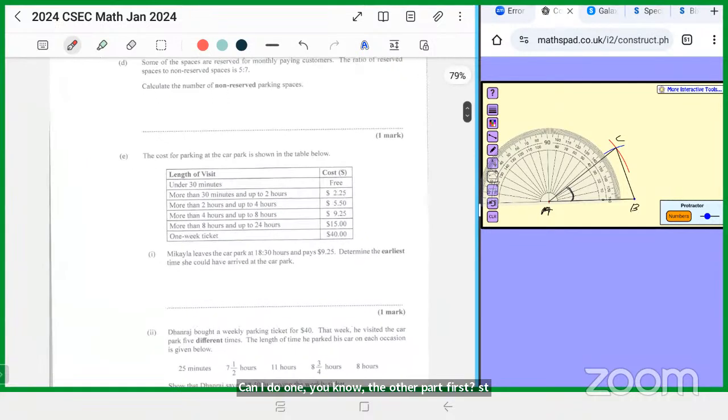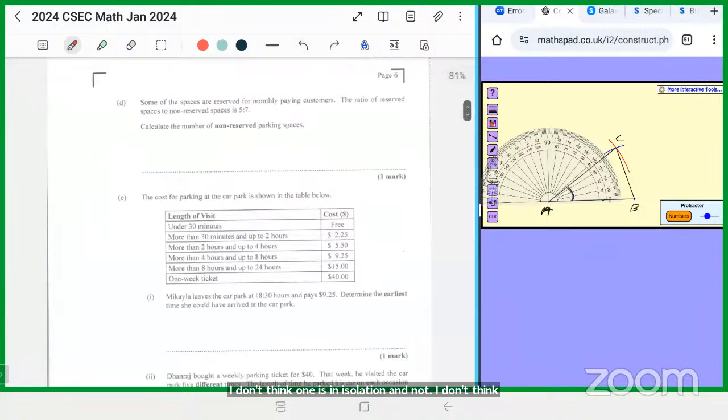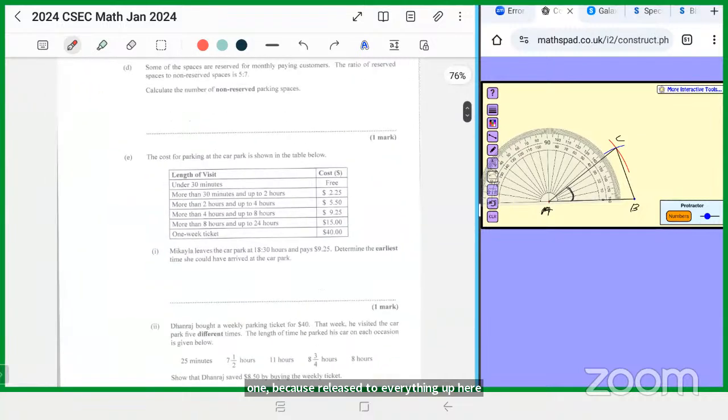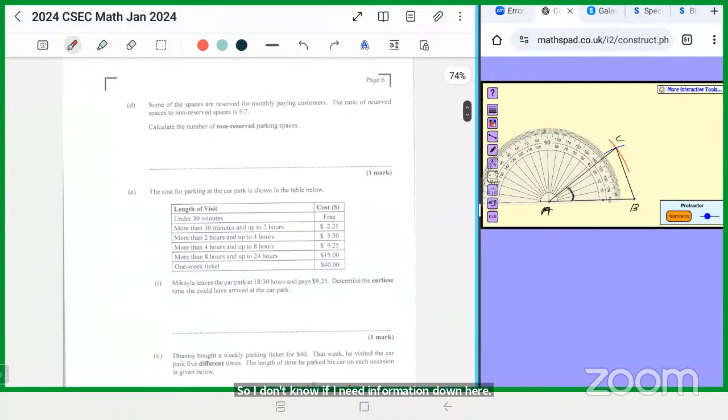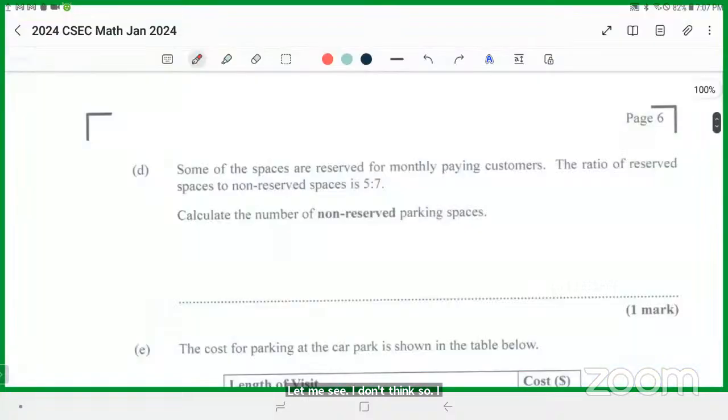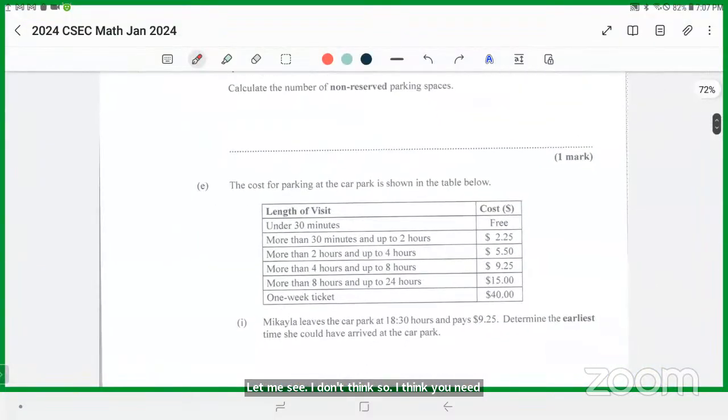I don't think 1E is in isolation. I can't just jump to 1E because it relates to everything up here. I don't know if I need information down here to do it. Let me see if that is the case.